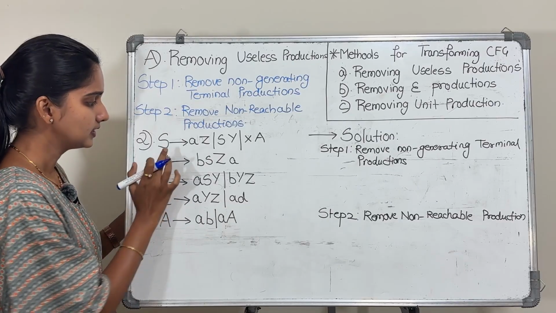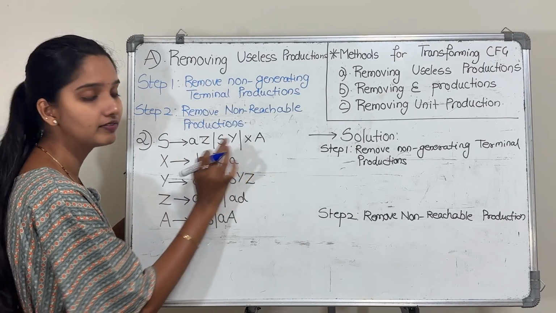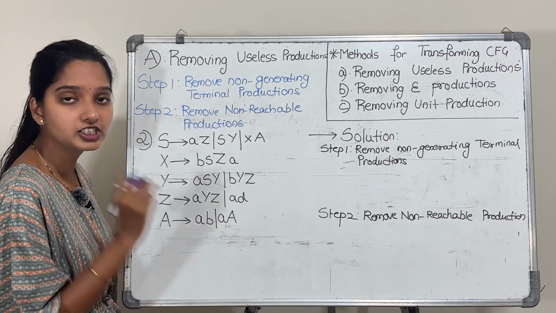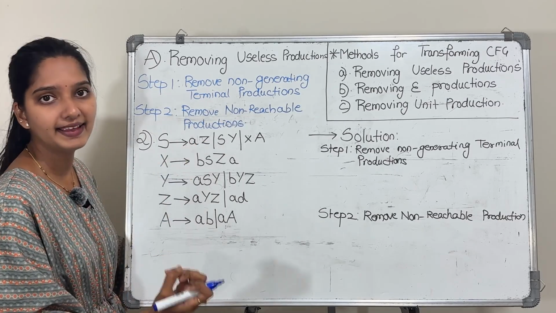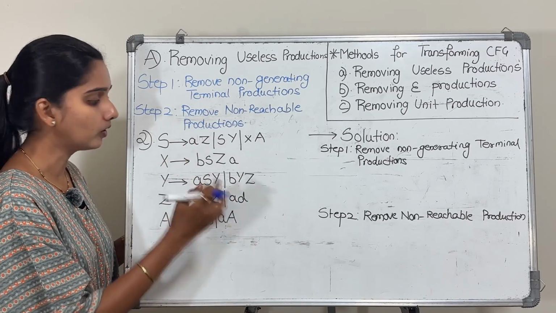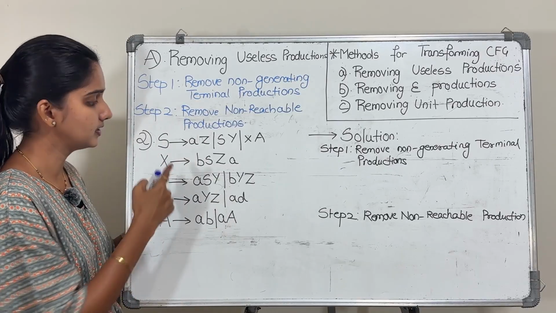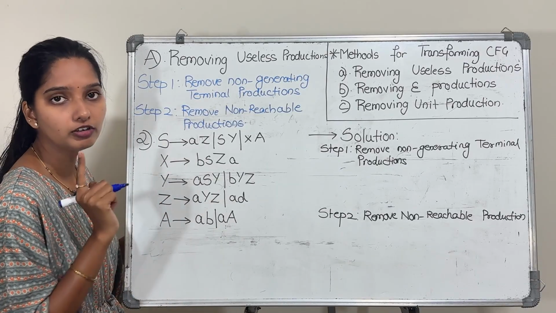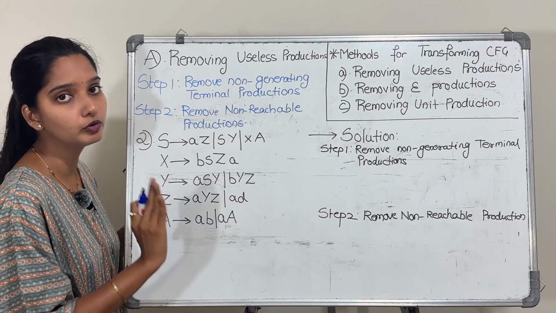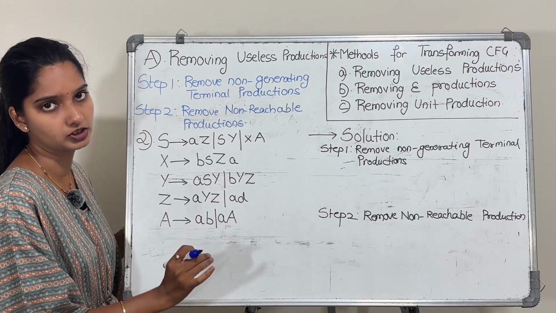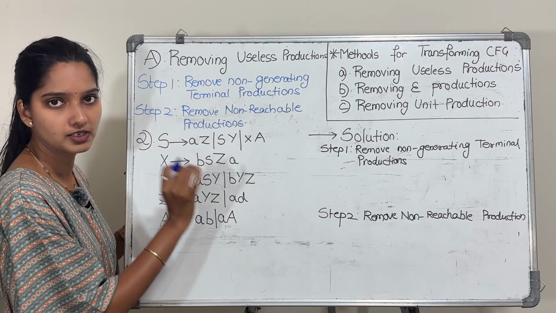Again I am repeating: even though S is not giving me a small letter, I am not going to remove S from my grammar, because it is my initial non-terminal. Just remember this point.